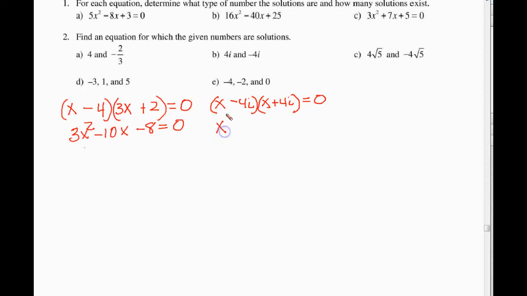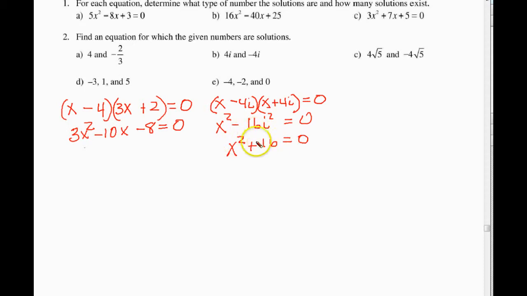We're going to get x squared minus 16i squared. But what did we say i squared was? A negative 1. So this becomes x squared plus 16 equals 0.